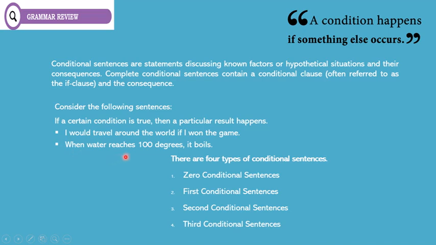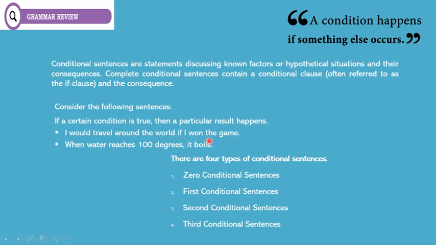When the water reaches 1000 degrees, it boils. You can see here, I would travel around the world. This is a conditional clause, and this is if I won the game.